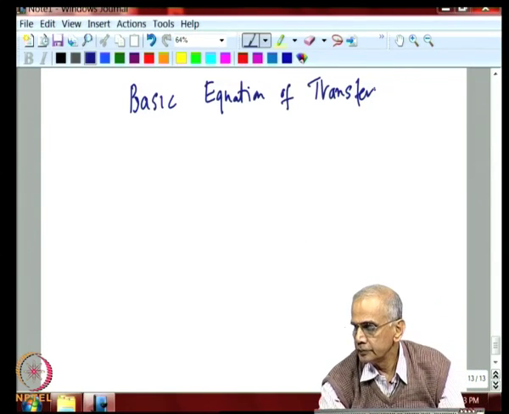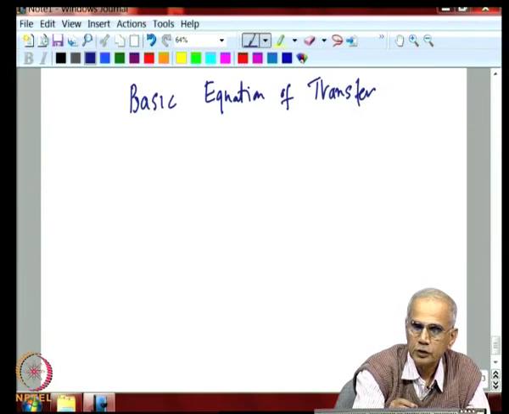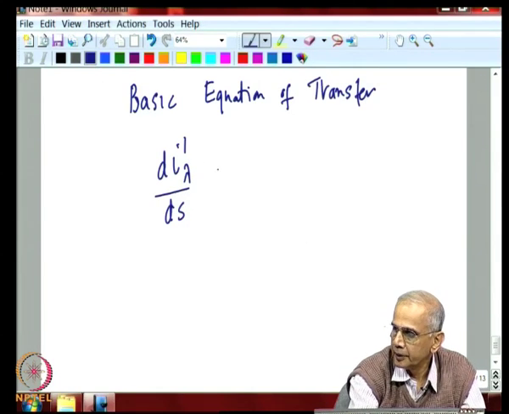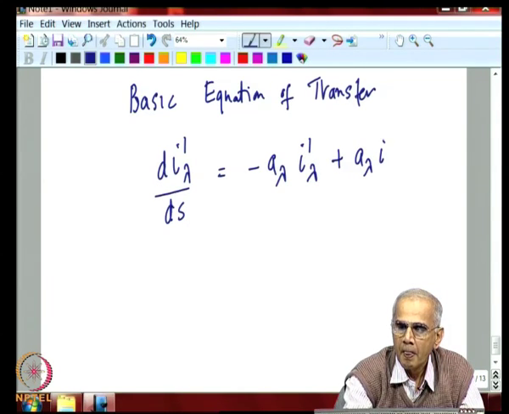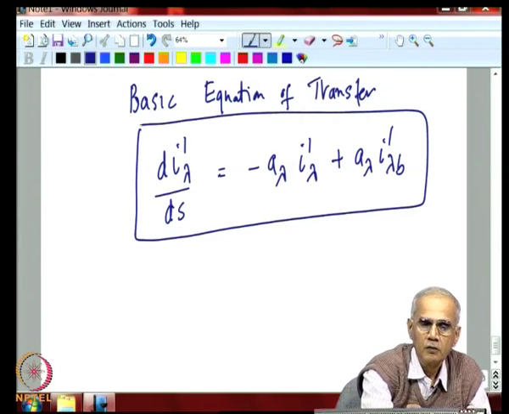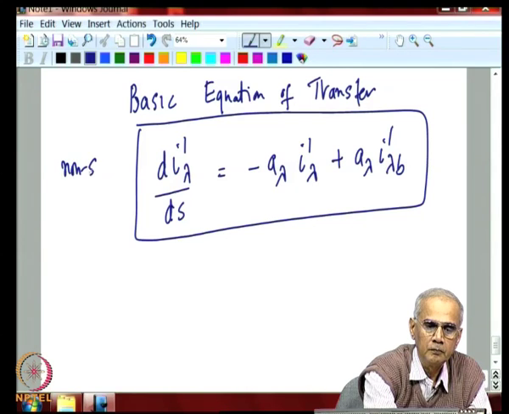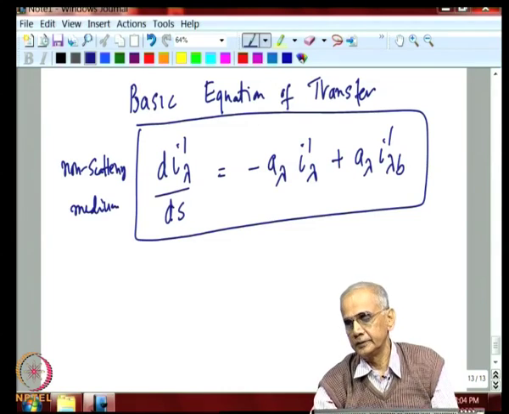And if you recall, this expression was as follows: for a non-scattering medium to begin with. So, this is the expression we use for a non-scattering medium. Now, if you have a scattering medium, this expression is substantially changed.